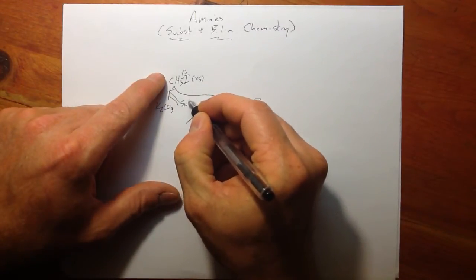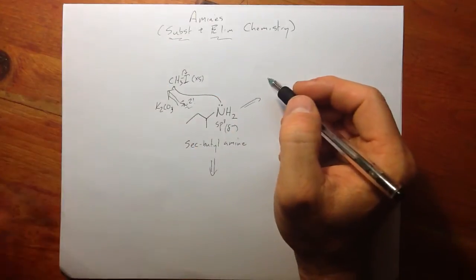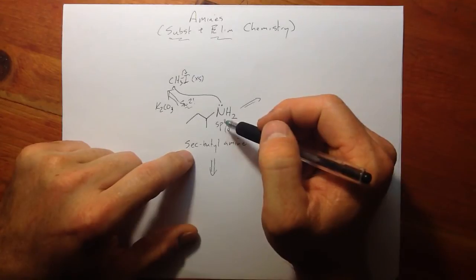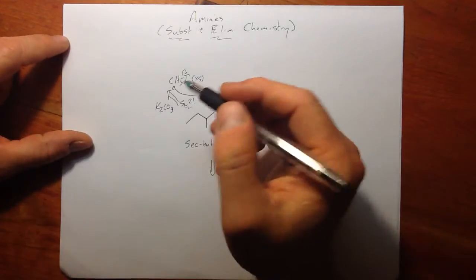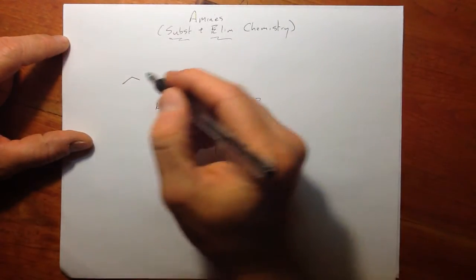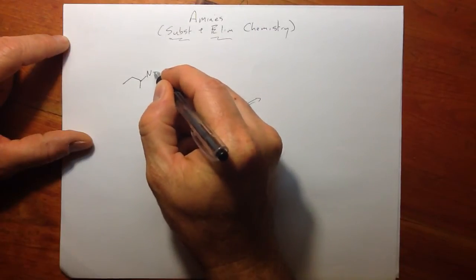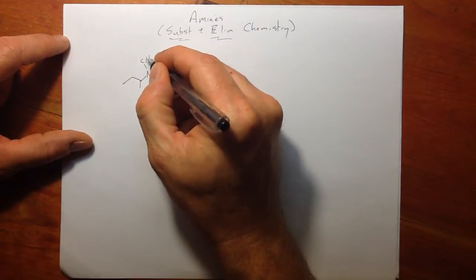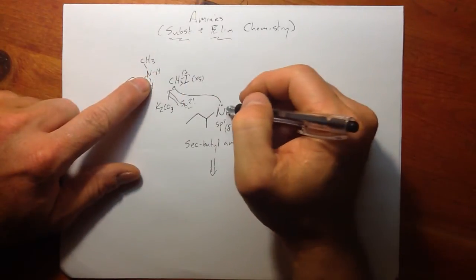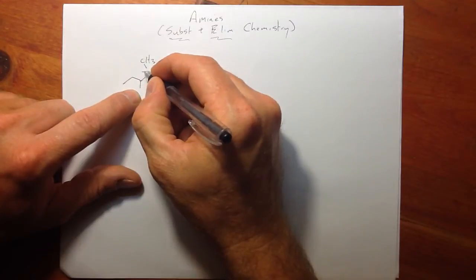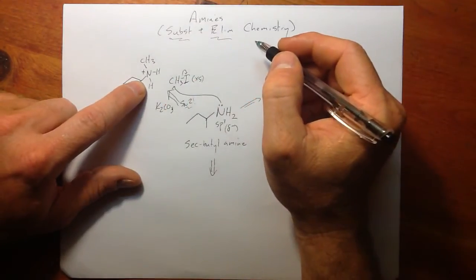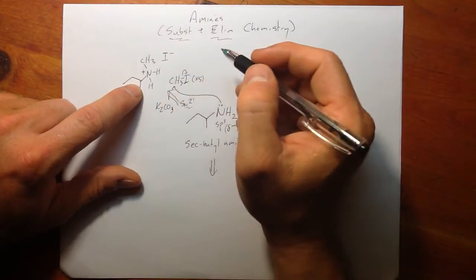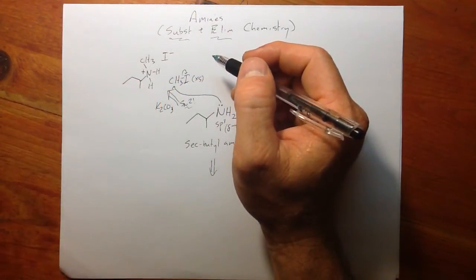So an SN2 reaction for methyl iodide and our sec-butylamine. We would immediately get an alkylation of the amine, where the nitrogen, using its lone pair, would have a full positive. We'd have kicked off iodide, and we'd have our first substitution reaction.